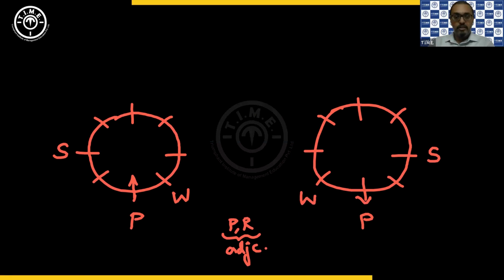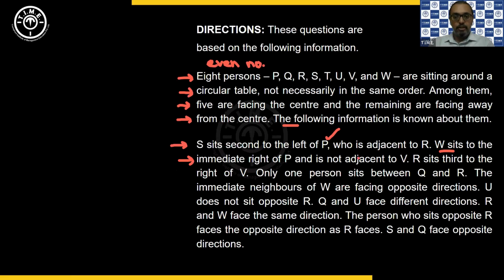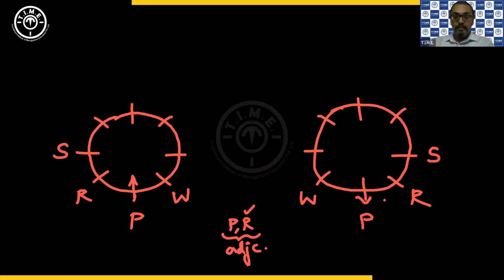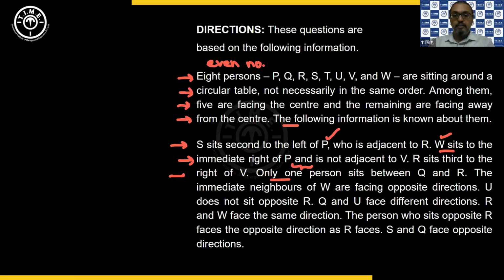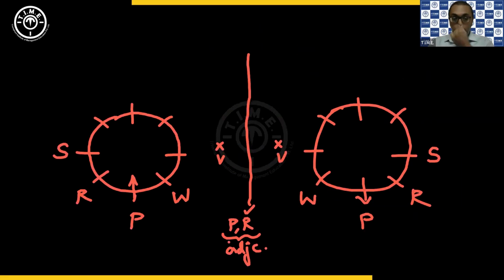One adjacent is already fixed, so the other adjacent I can now fix as R. W is not adjacent to V. One adjacent of W is already P, and the other adjacent cannot be V. Then only one person sits between Q and R. You already have one person between R and W, so the position of Q can be fixed adjacent to S, with one person between Q and R.